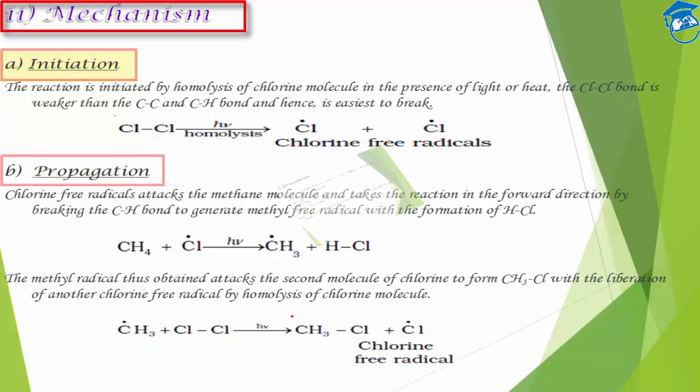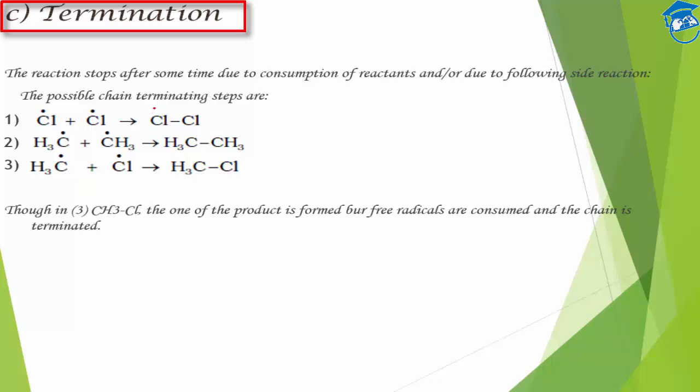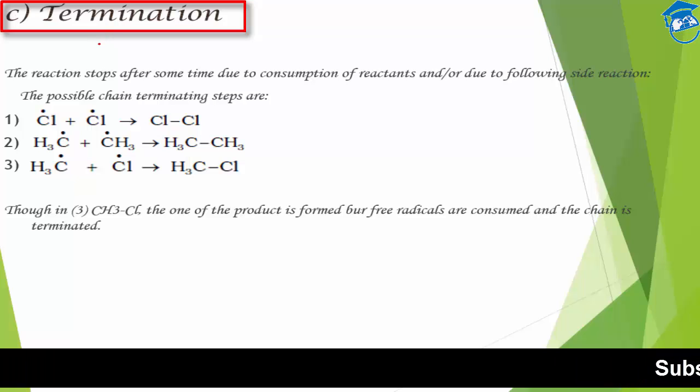Finally, let's come to the termination, how it will stop. The reaction will terminate only when there is no free radical. Either they combine, like chlorine combining, or the methyl can combine, or chlorine and methyl could combine in any way.